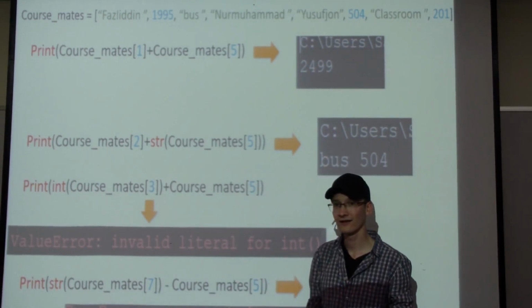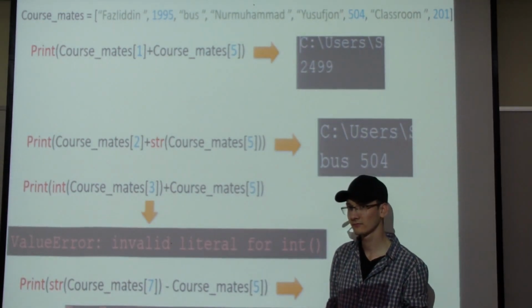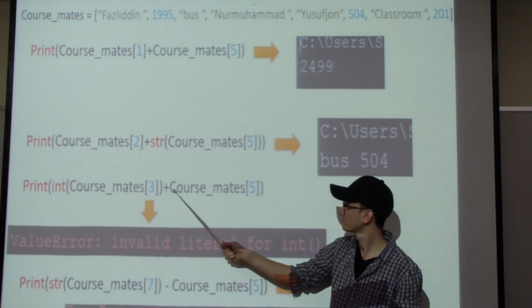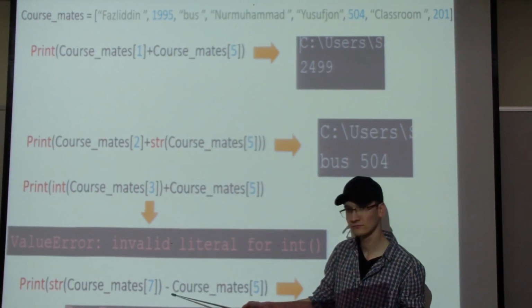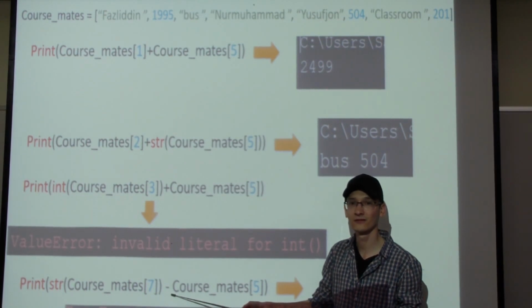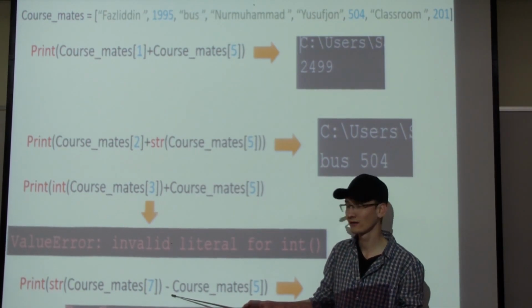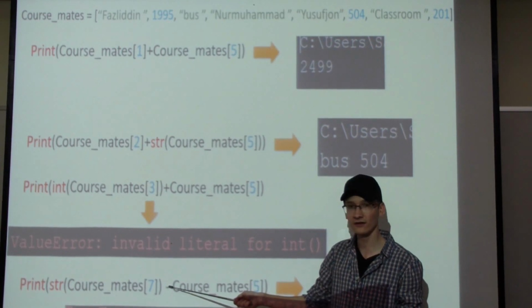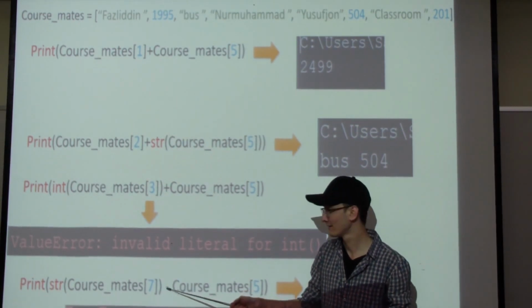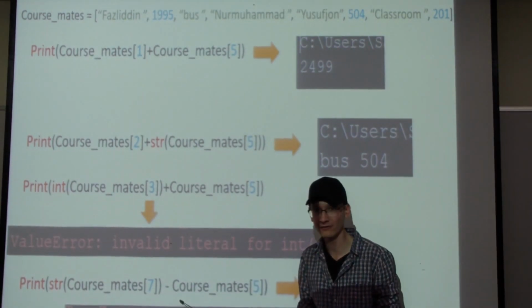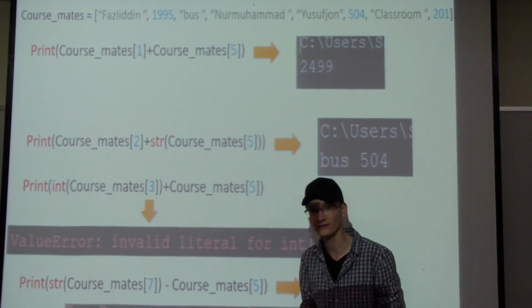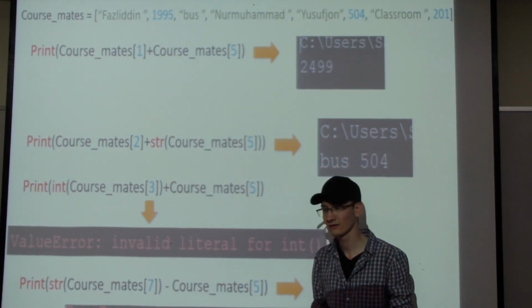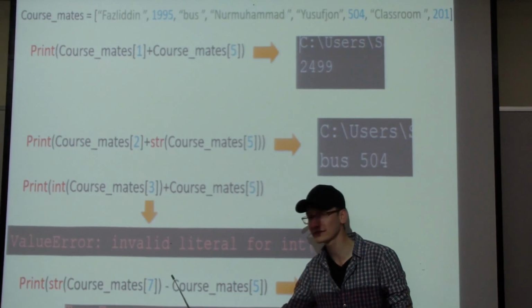If a string is before coursemate 5, would it be possible or impossible? It would be impossible. If we put str here, now both of them are str, so it would be possible to print.